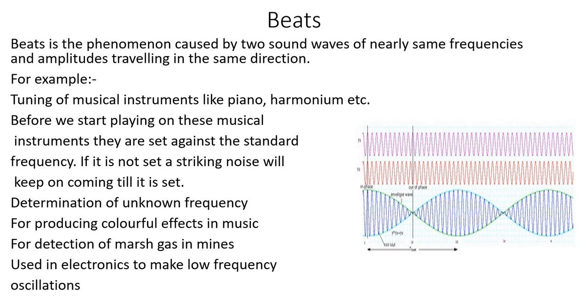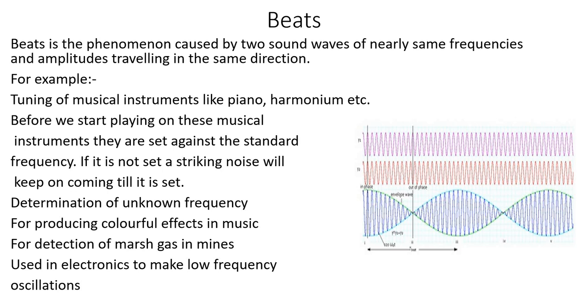You can see one line is drawn. There the first wave's crest and the second wave's trough are meeting, so at that point minimum intensity, that is minimum amplitude, will be there. Like that you can see the pattern. Is it clear? So beats will be produced due to a slight variation in frequencies, if they travel in the same direction.